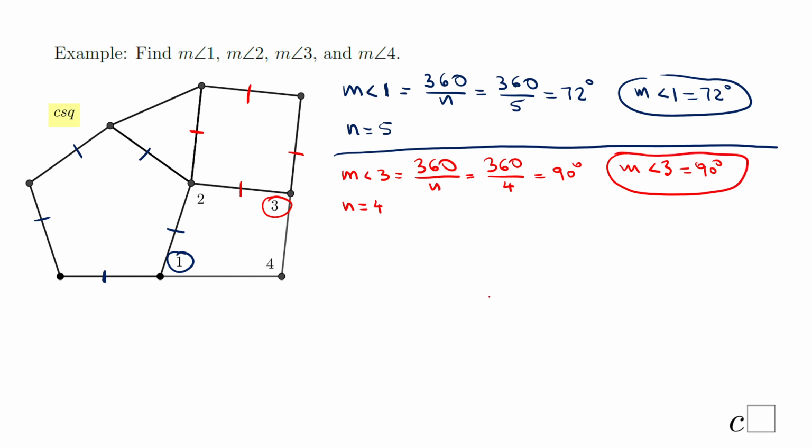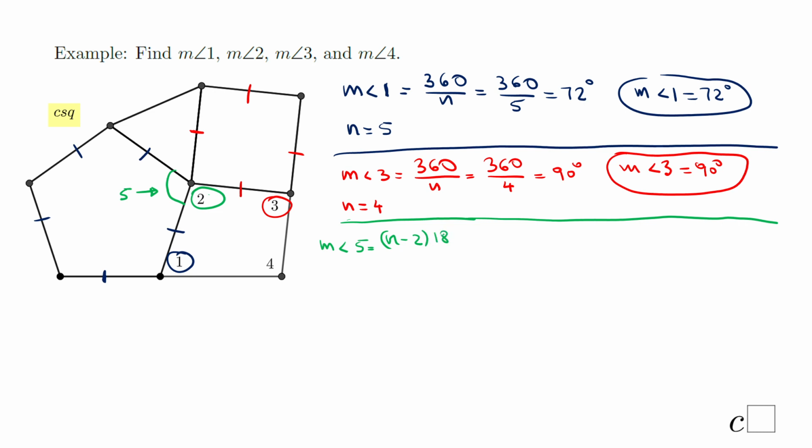What about angle 4? We cannot do anything for angle 4, but we can do something for angle 2. Exactly what we did in the previous problem. We're going to have to find the measure of this angle. And this angle, if you remember, is a pentagon. We have 5 sides, n minus 2 times 180. Let me call it angle 5, this one. The measure of angle 5 is going to be n minus 2 times 180 over n.